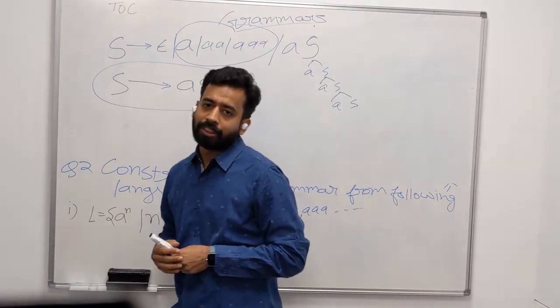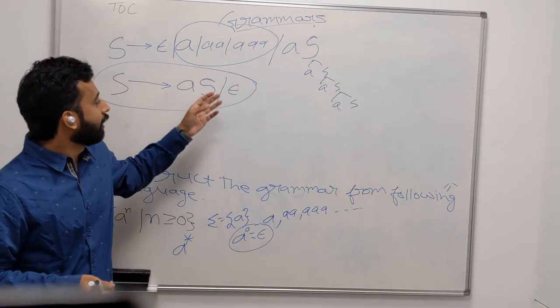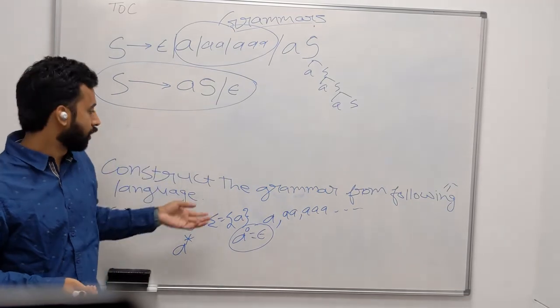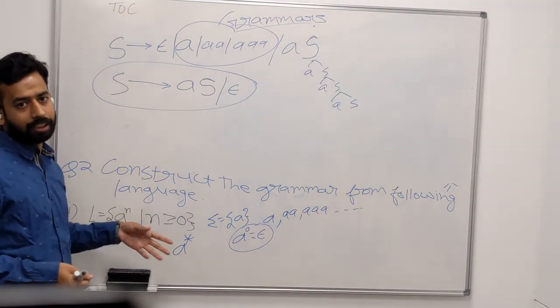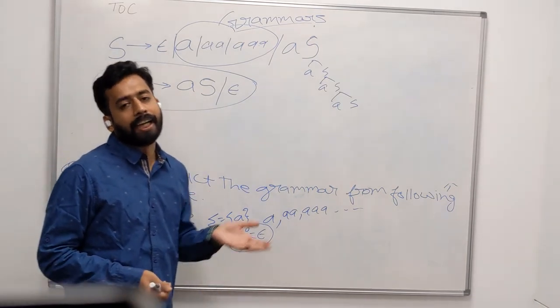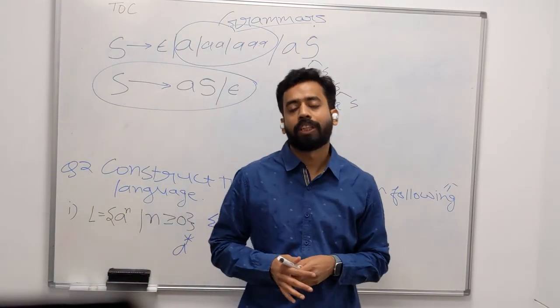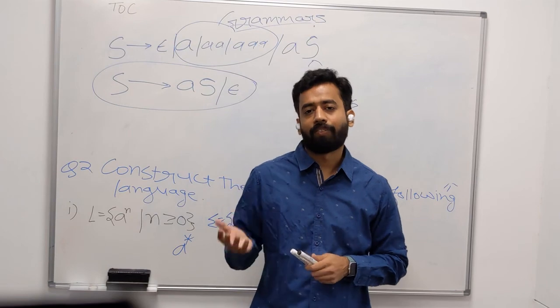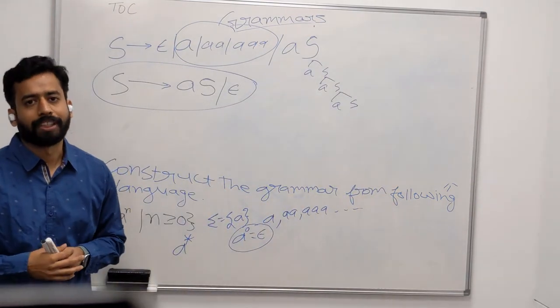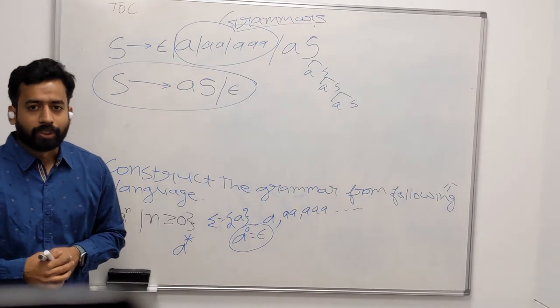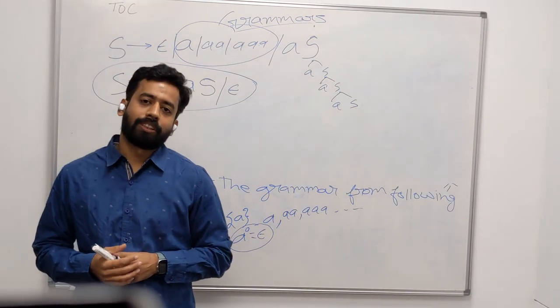We have also seen sentential form. At last we solved two types of questions: one in which you are given a language and have to make the grammar of that language, and one in which you are given a grammar and have to see which language is derived from it. In the next class we will see types of various grammars. I hope you have enjoyed the session. Thank you very much.